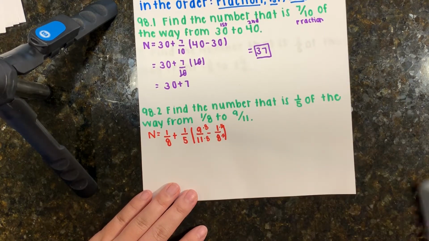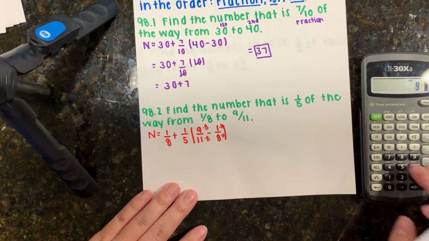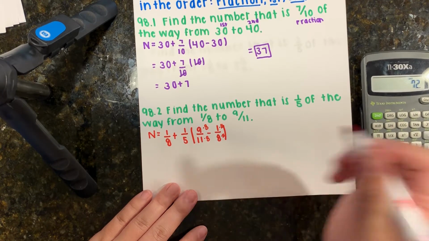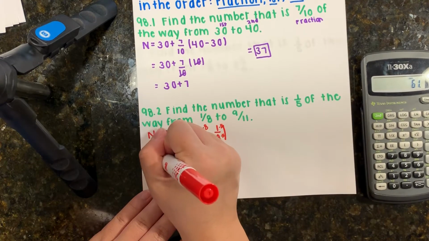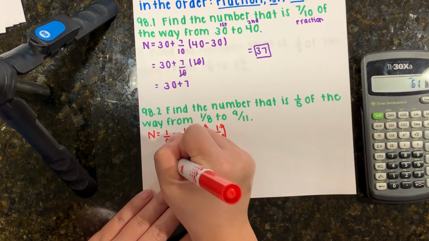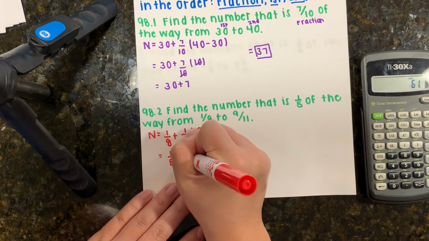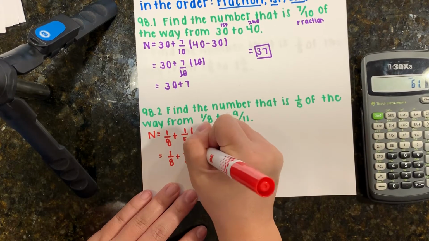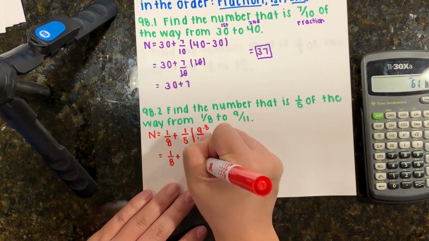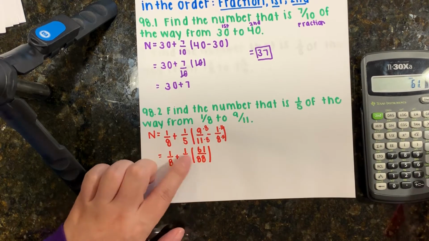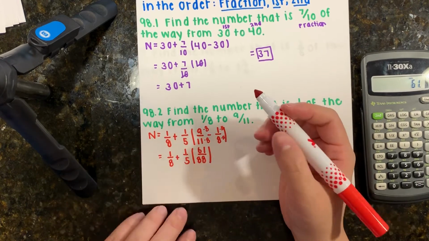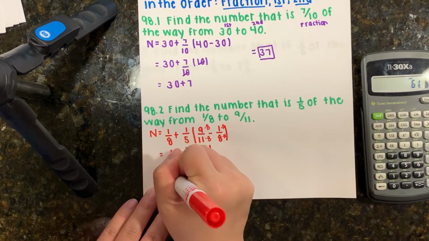So I have 9 times 8, which is 72, minus 11, which would be 61. So I'd have 1/8 plus 1/5 times 61 over 88. Now I'm going to multiply, because you have to multiply first, leaving the 1/8.